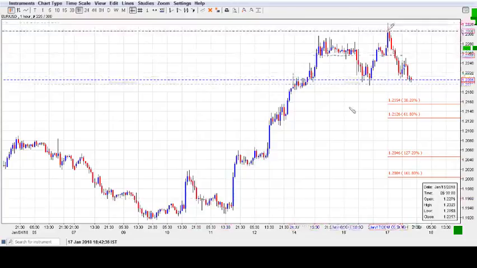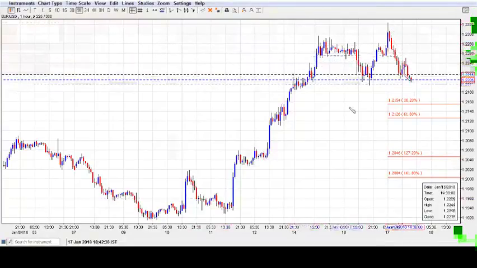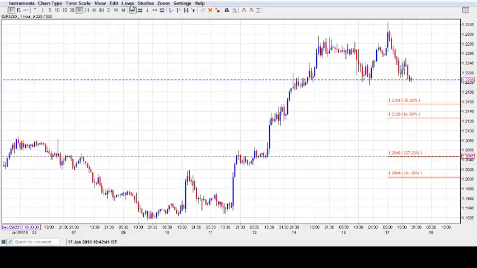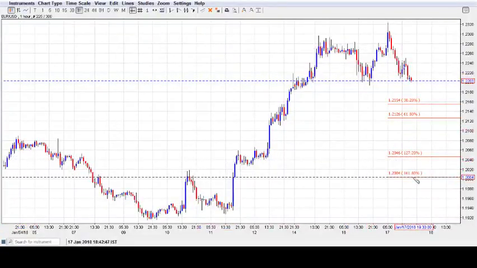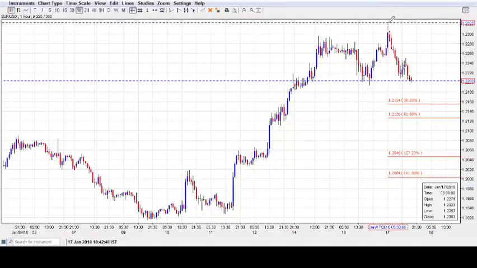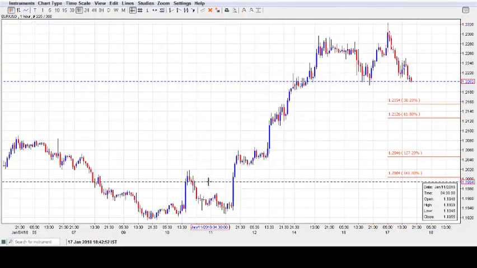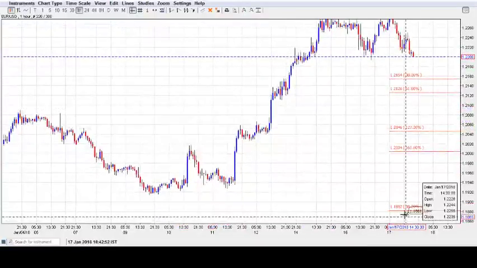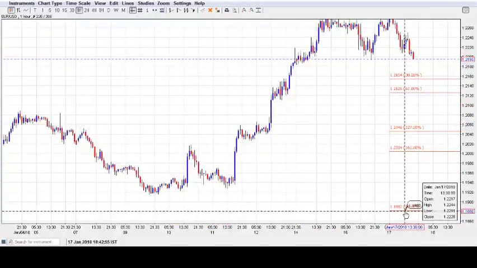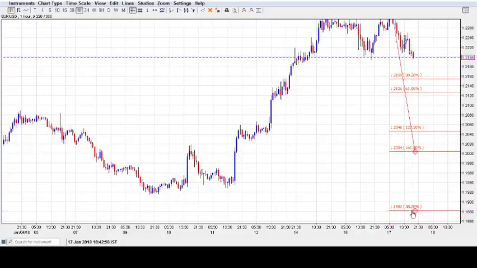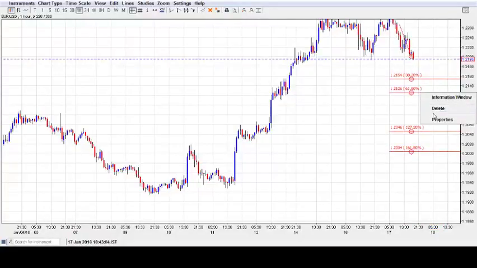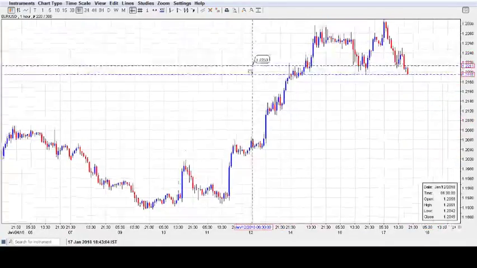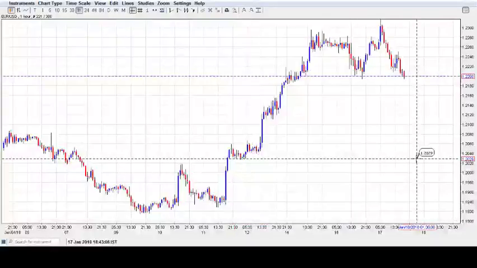If we take the existing boundary as the primary one, and if I extend waves 1 to 3, the 38.2% also goes through the 1900 handle. See that? Oh, that's 1882. So very close to 1900. Alright. So as far as the Fibonacci number game is concerned, at least watch out for 1.2 and lower levels going forward.